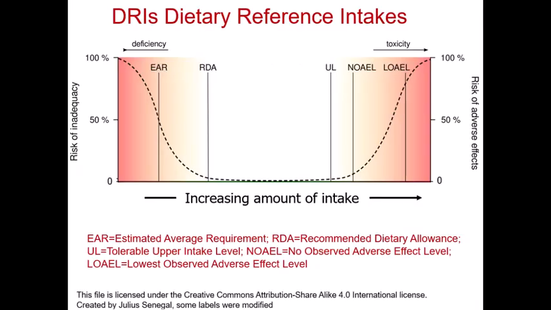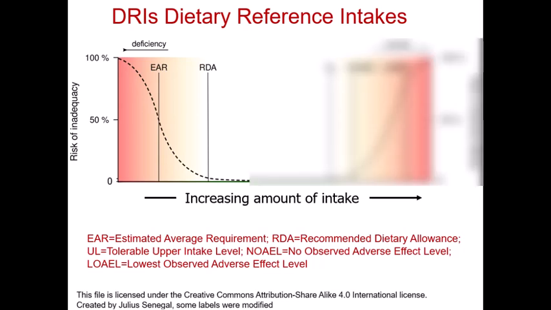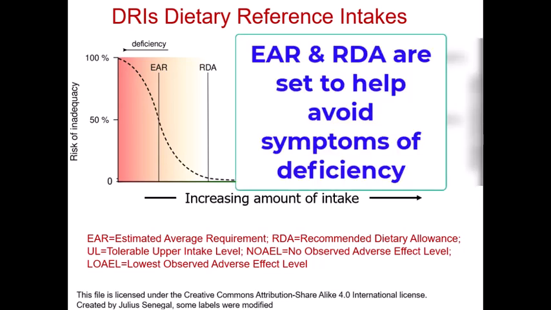With almost all of the vitamins and minerals, if you do not get enough of the nutrient, you can develop deficiency symptoms. For example, you may already know that scurvy is associated with not getting enough vitamin C. The EAR and RDA values are set to help people avoid symptoms of deficiency.